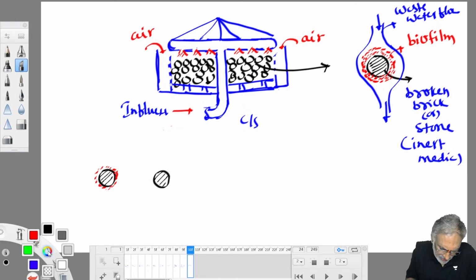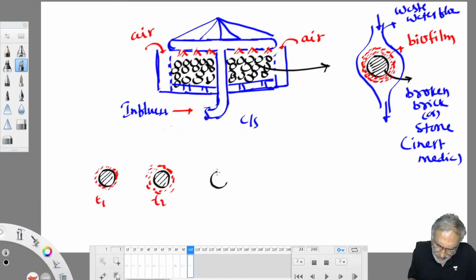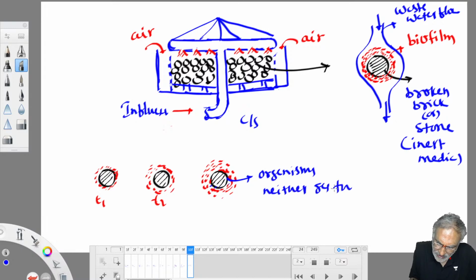At time t1, thickness increases like this, then t2, and so on. At one stage, the organisms close to the inert media neither get food nor oxygen. So they are pushed into the endogenous decay phase, the death phase of their life.